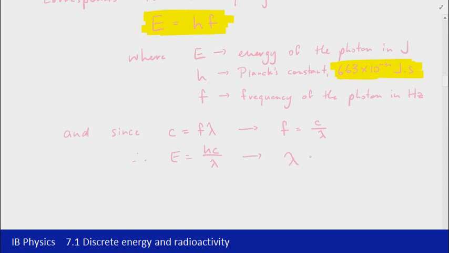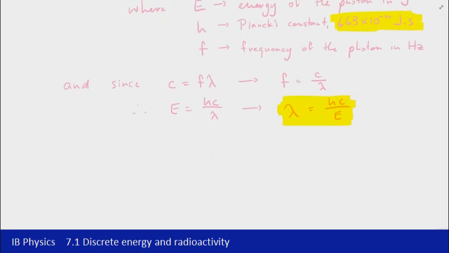We can then figure out exactly what the wavelength is if we know what the energy level transition is. So that's the form of the equation in the data booklet. Lambda is equal to hc on E, where lambda is just the wavelength of the light, and wavelength would be measured in meters there. Usually we'd express the wavelength for visible light in the nanometer scale, so 400 to 700-ish nanometers.